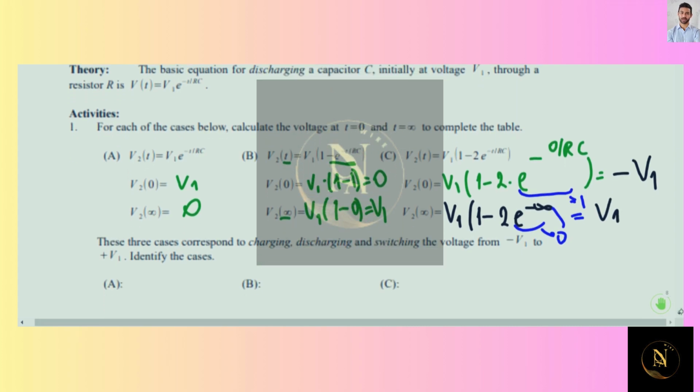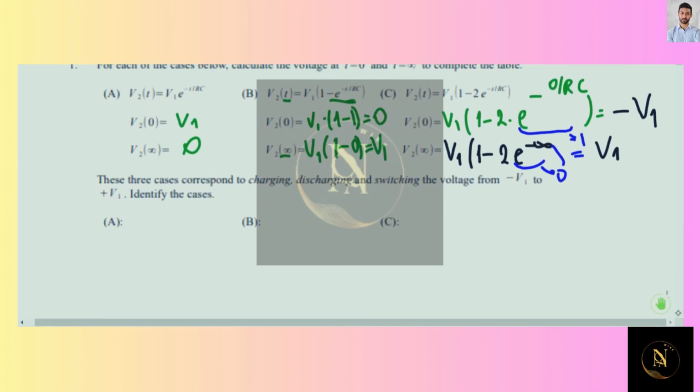And now we can answer question 2. We have to identify the cases of charging, discharging, and switching the voltage. So let's start from charging. Charging means that voltage increases from 0 to some V1.